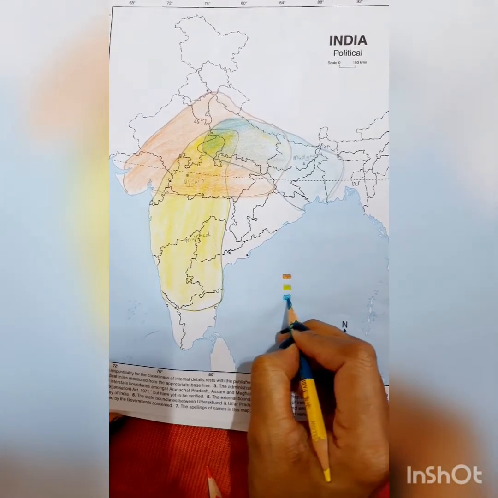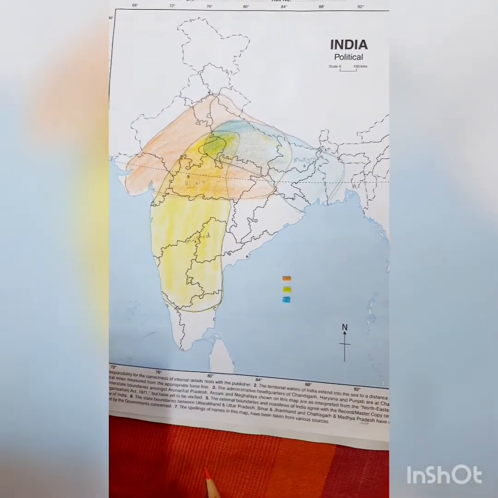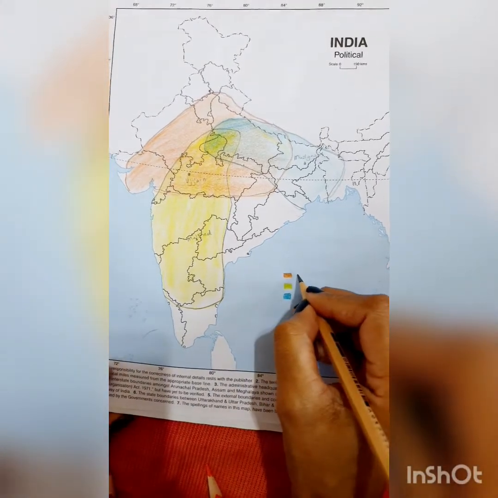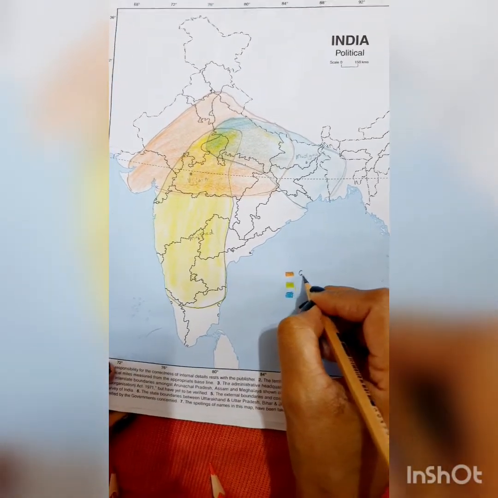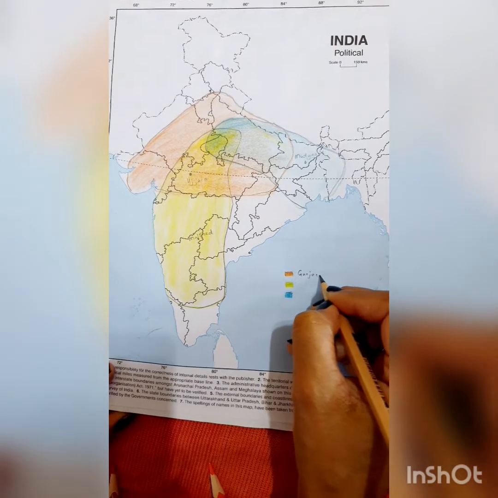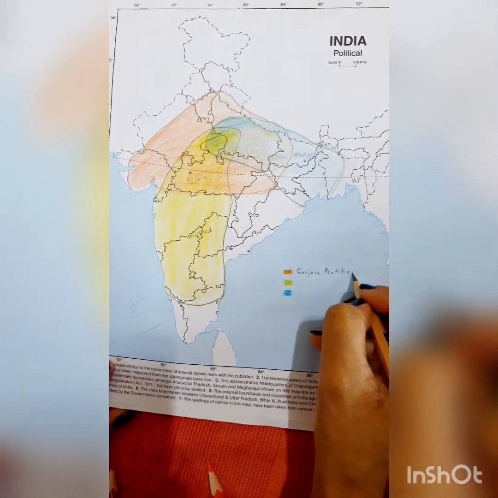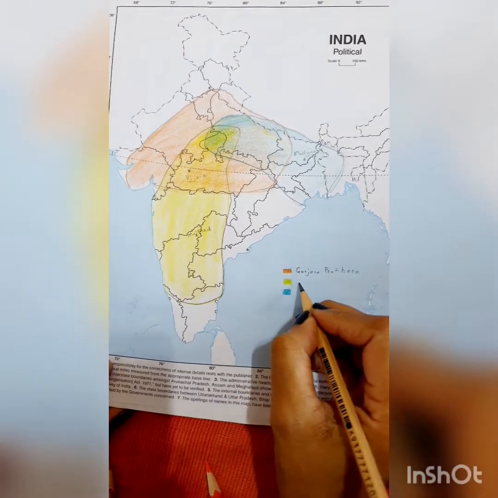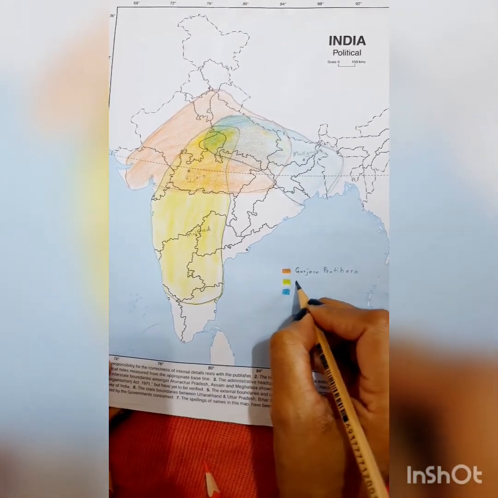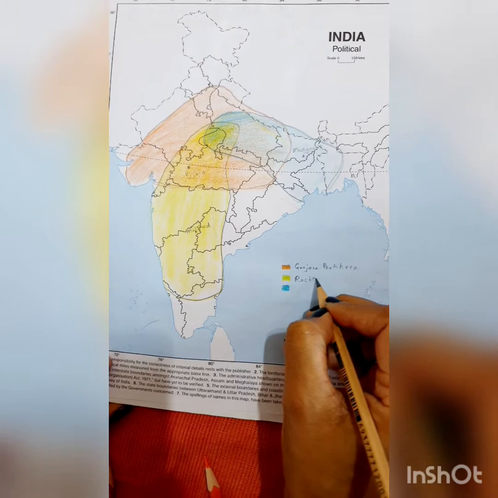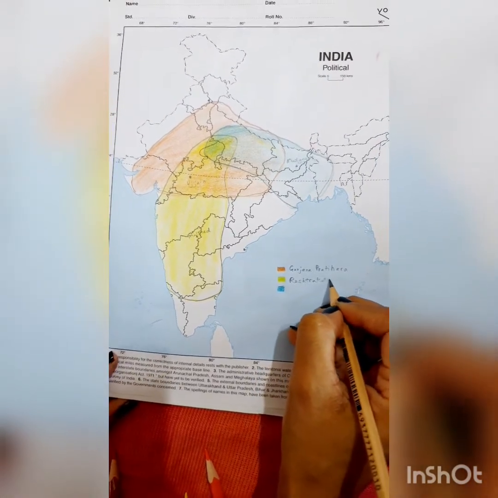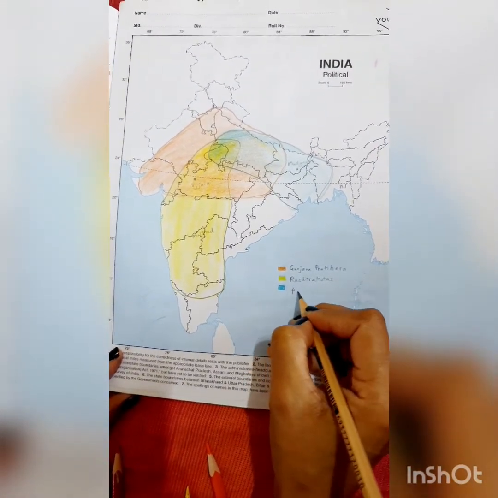So these are indicators. So index is always used to indicate what we have marked. So you can just write Gurjara Pratihara, and here you can write the Rashtrakutas and the Palas.